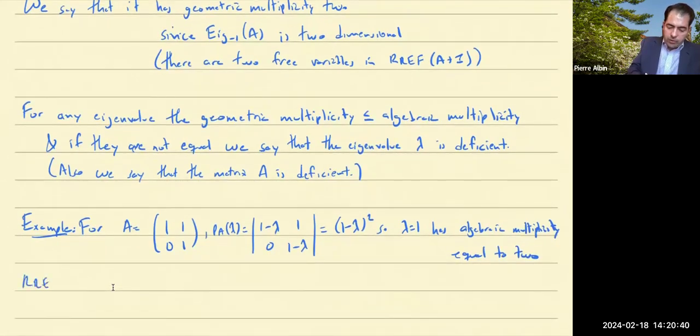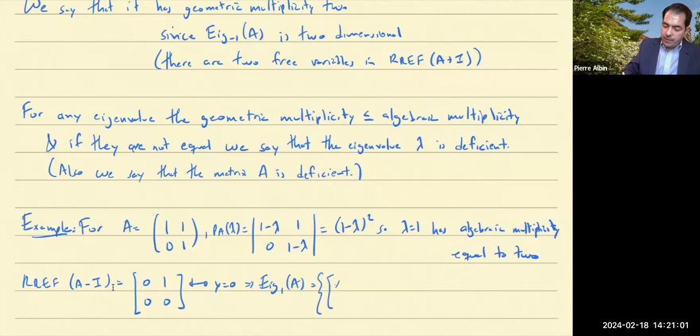However, the reduced row echelon form of A minus 1 times the identity is equal to 0, 0, 1, 0, right? Which if you translate to equations, just says y equal to 0. So the eigenspace corresponding to 1, the set of solutions (x, y) where y is equal to 0, is just x times (1, 0) with x arbitrary.